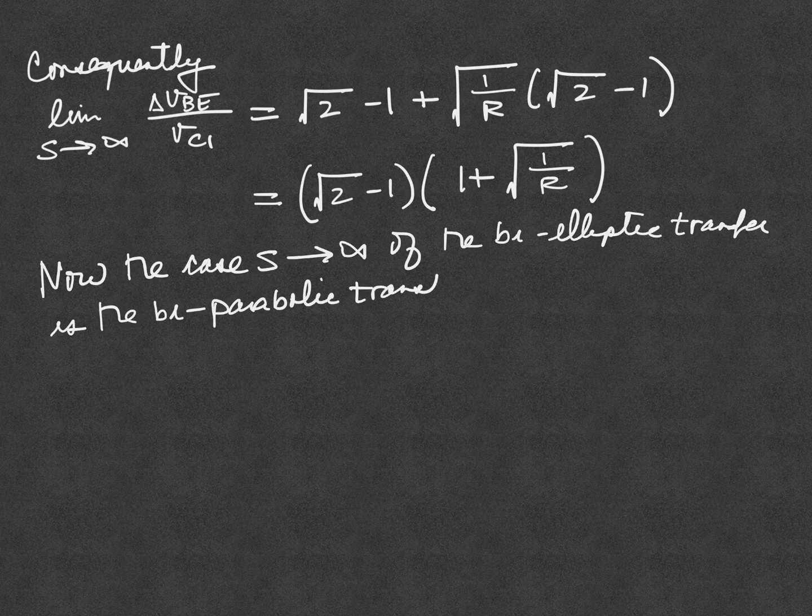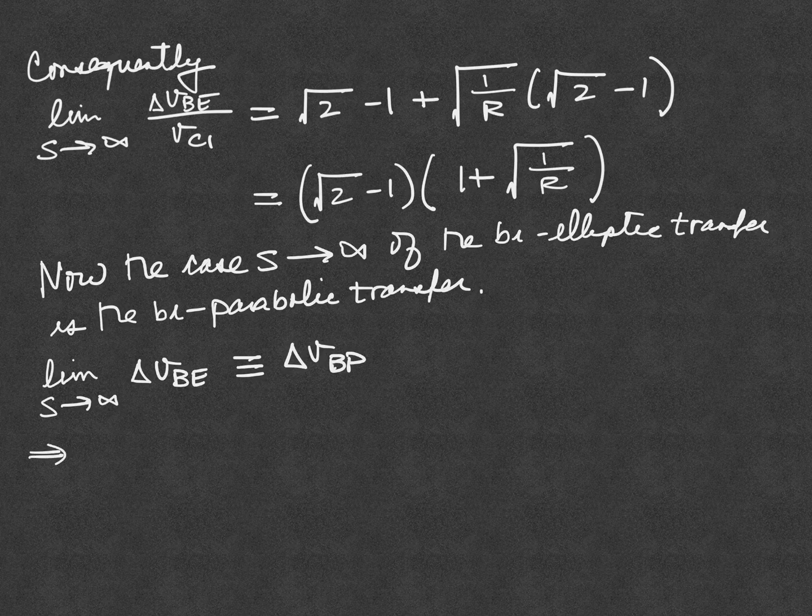So we give this delta v a particular name. The limit as s approaches infinity of delta v bi-elliptic is defined to be delta v bp, where bp stands for biparabolic.